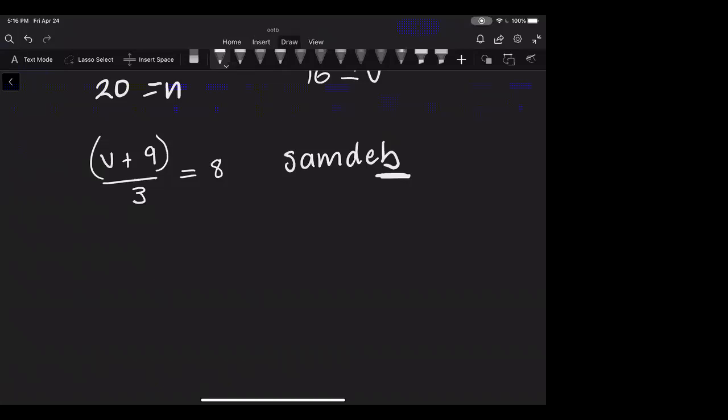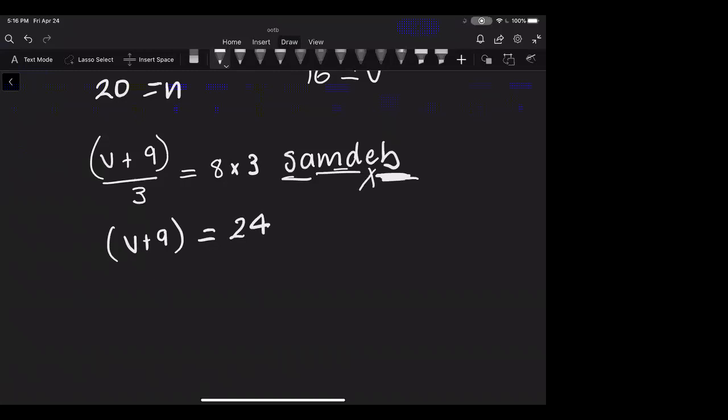Okay, so do you see how we have division? What's the opposite of division? Multiplication. So we're going to multiply this by 3. 8 times 3 equals 24. Okay, so we don't have addition or subtraction outside of the brackets. We don't have multiplication or division outside of the brackets. We have no exponents.